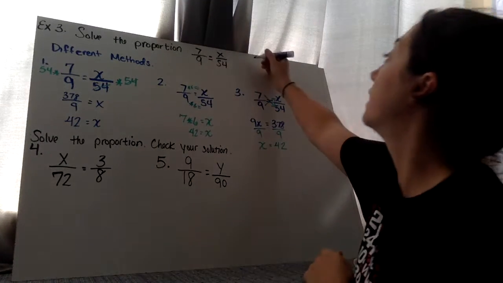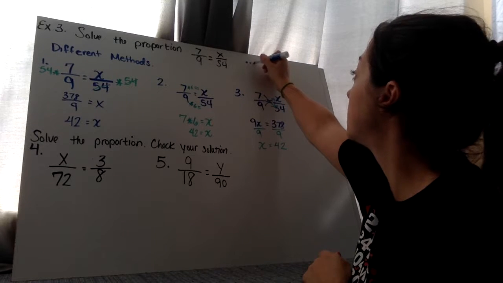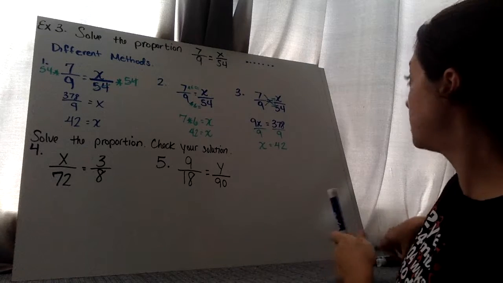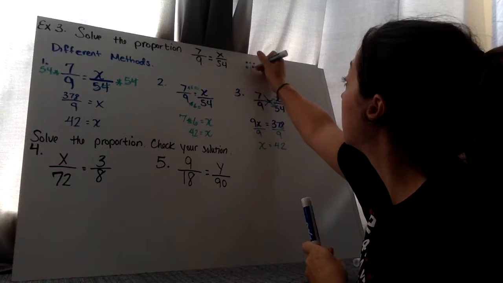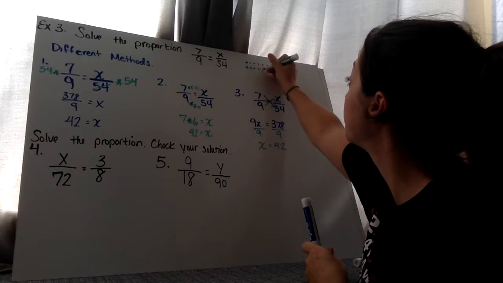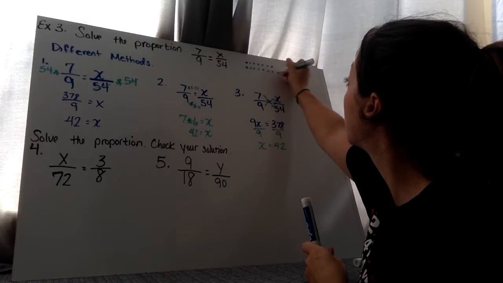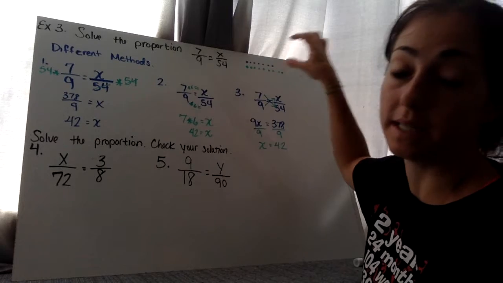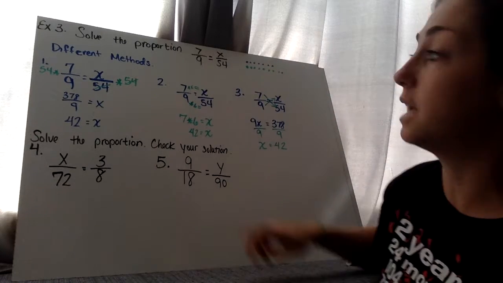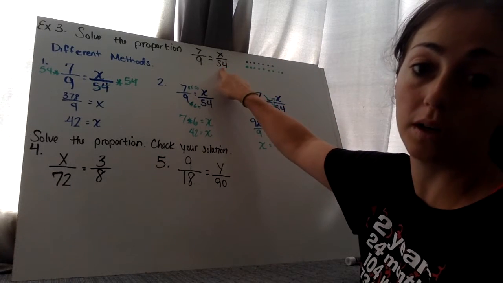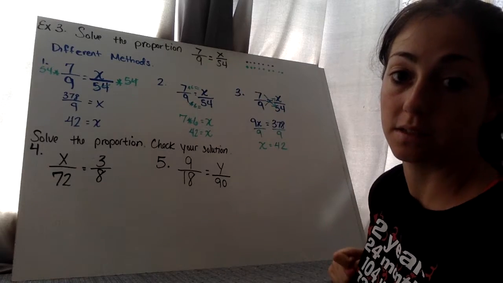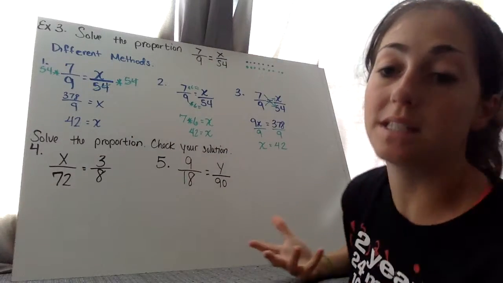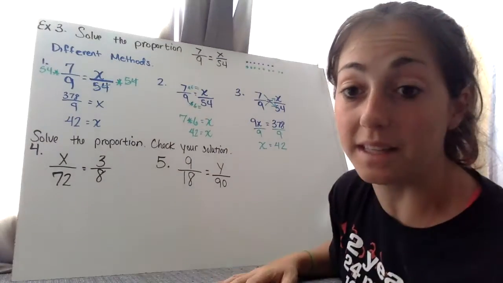It could be 7 blue dots to 9 green dots, and then we could do this so many times that we actually end up with 54 green dots. And then we could count how many blue dots we had. But that's not necessary. That's a method.